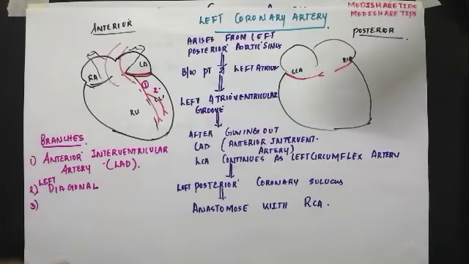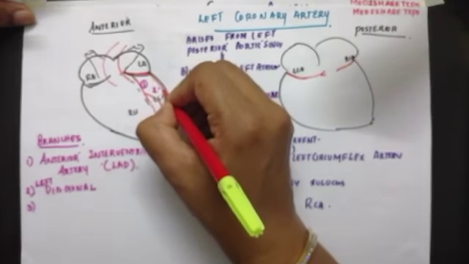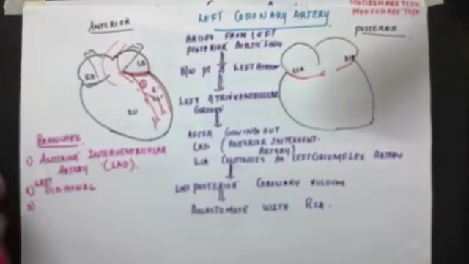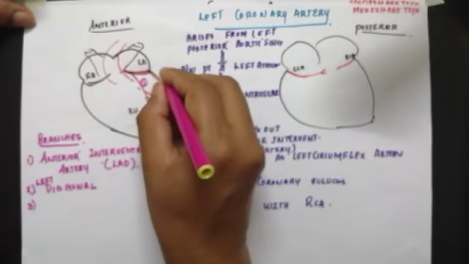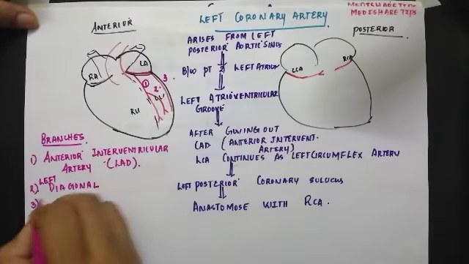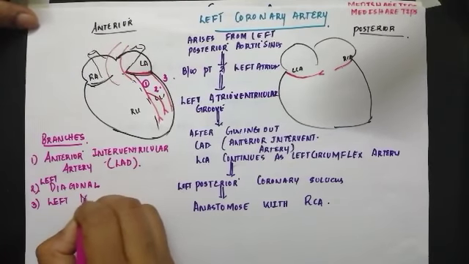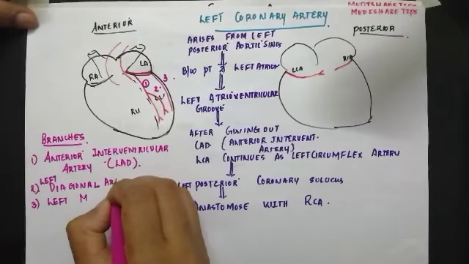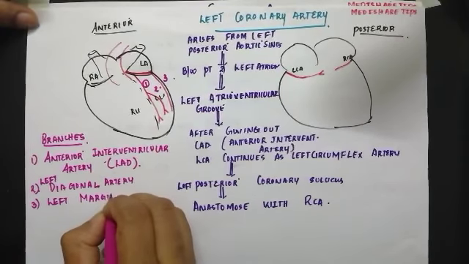And third one, the left coronary also gives out a left marginal artery here, labeled as 3. Third one is the left marginal. This is the left diagonal artery, and there is a left marginal artery.